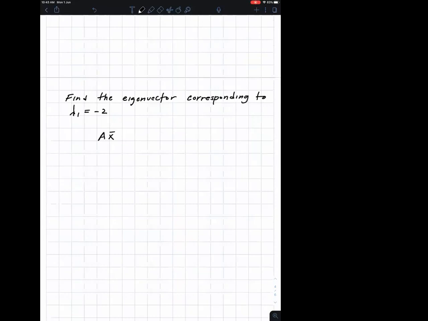We say matrix A multiplied by the vector x bar equals lambda 1 multiplied by the vector x bar, which is supposed to give you the eigenvector. So A x bar minus lambda 1 x bar is equal to 0.